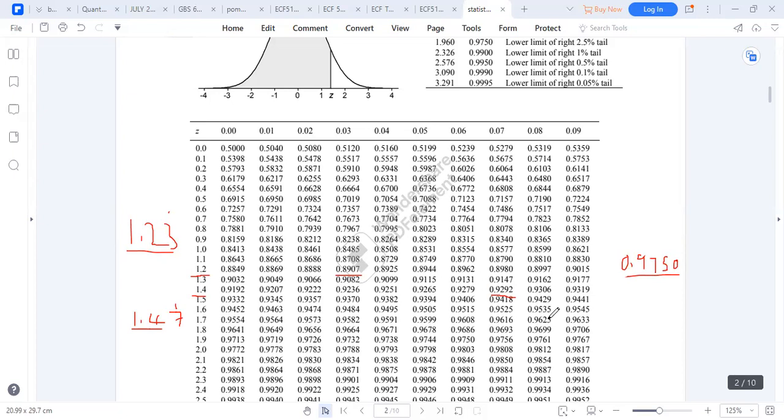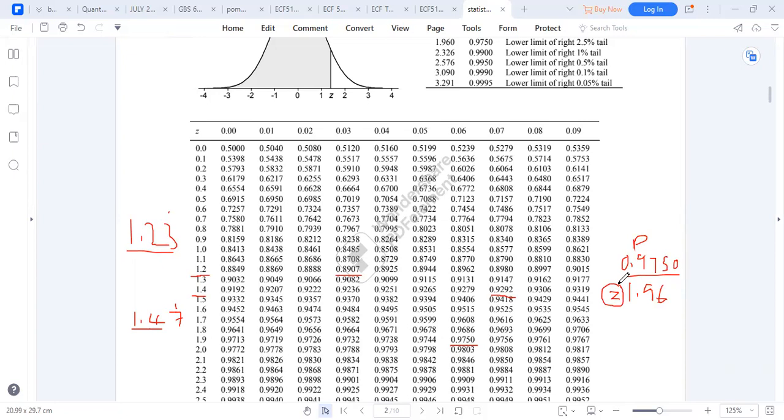What are you finding? 1.86? Are you sure? 0.9750 is the 1.96. 1.96, correct. So here we're reading from the probability, from the P to the Z.